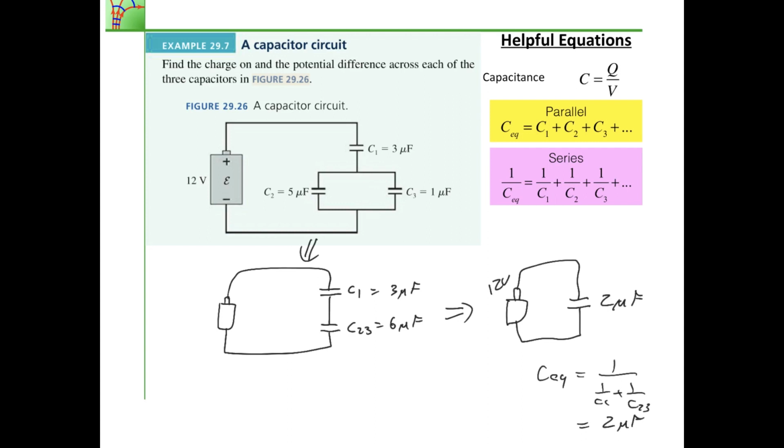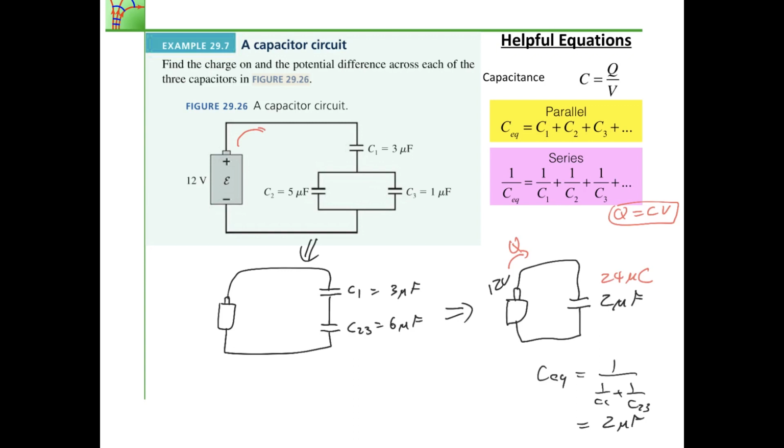We have this 12-volt battery here, so we can find the equivalent charge that comes out using that. Remember, Q is equal to CV. So 2 microfarads times 12 volts. The total charge that comes out is 24 microcoulomb. Now I can use that to start filling in the blanks back here.